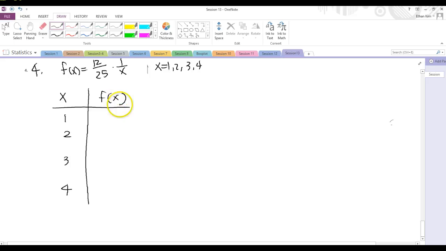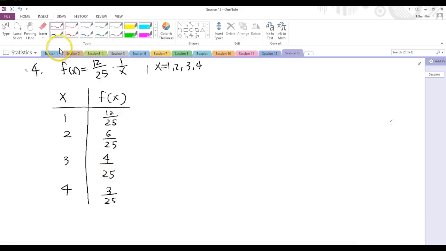When it's 1, it's 12 over 25. When it's 2, it's 6 over 25. When it's 3, 4 over 25. And when it's 4, it's 3 over 25. And if you add these up, you get 1. So it is, in fact, a probability distribution function.